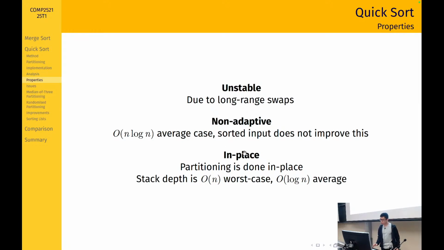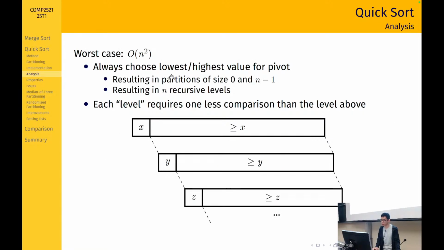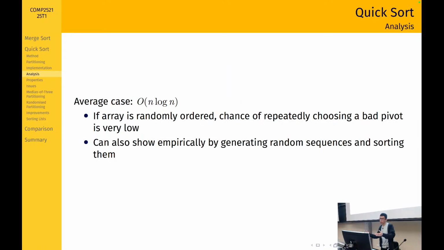And if your input is sorted and you use the naive strategy of choosing the leftmost element as the pivot, then in fact quicksort is going to be n squared, because your array is sorted and you're always choosing the smallest element as the pivot, and you're going to end up with a scenario like this one. Interestingly, sorted input is a bad case for this variant of quicksort, which is pretty interesting.